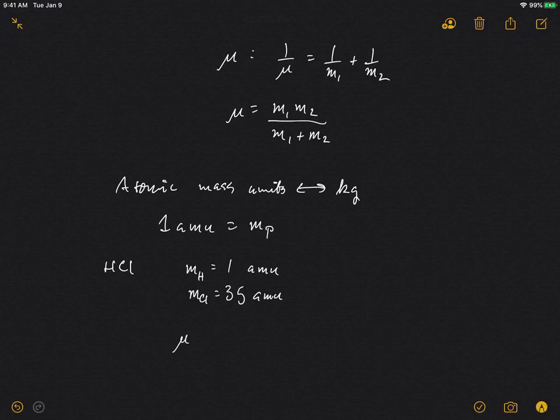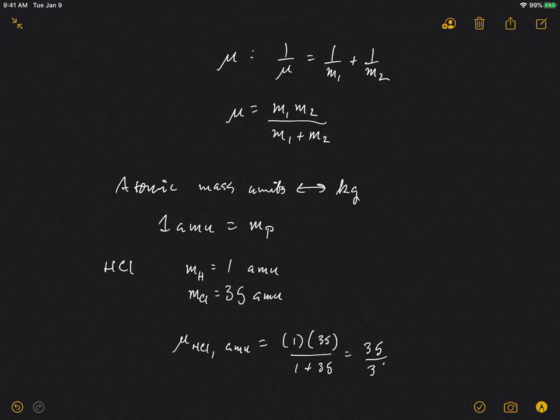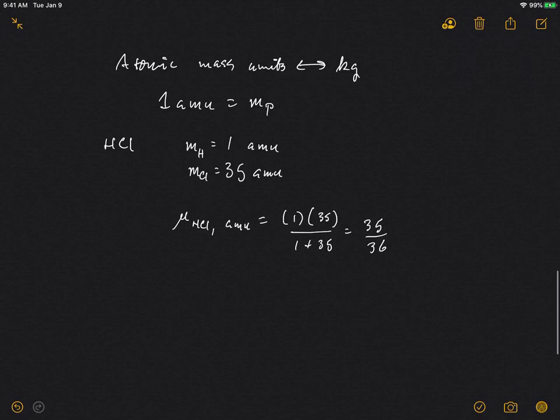And so mu for HCl in atomic mass units is going to be 1 times 35 times 1 over 1 plus 35, 35/36. And we can say 35/36 times the mass of a proton.